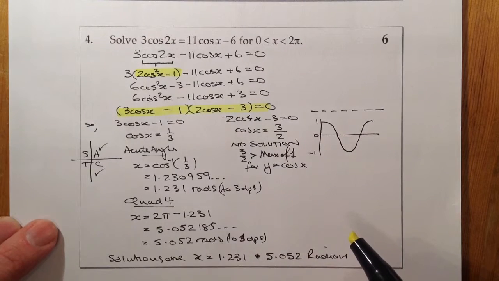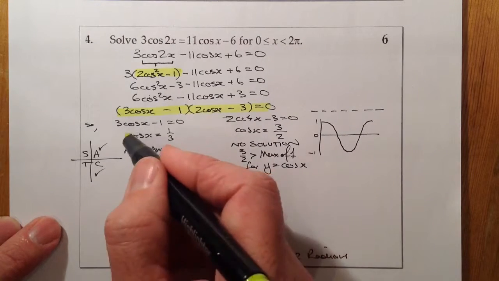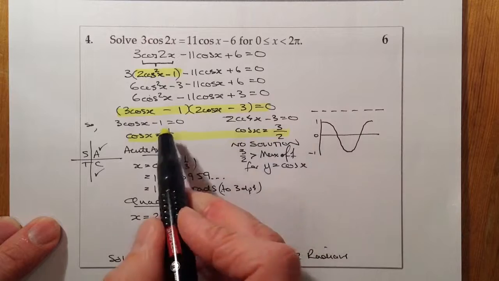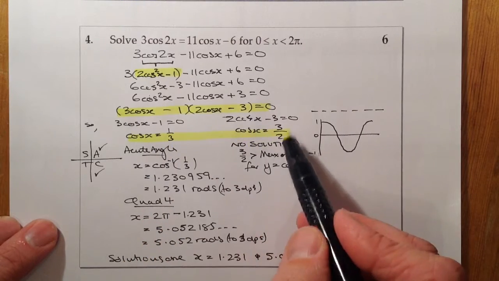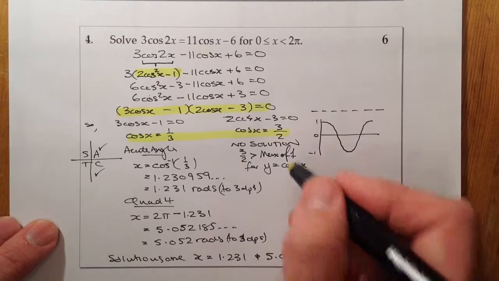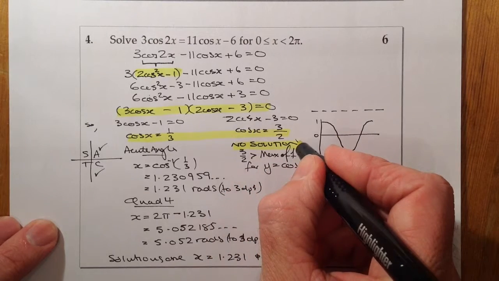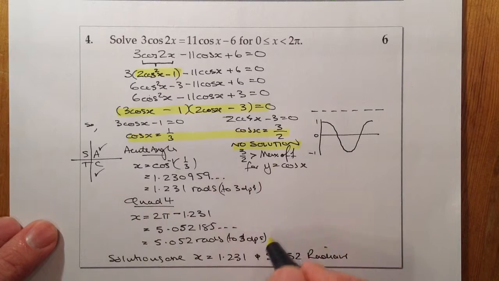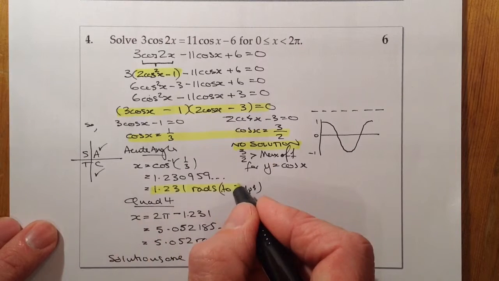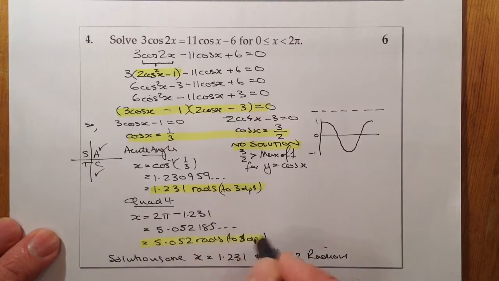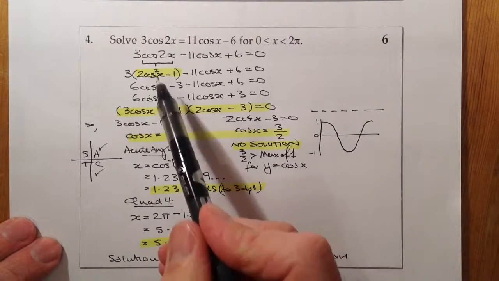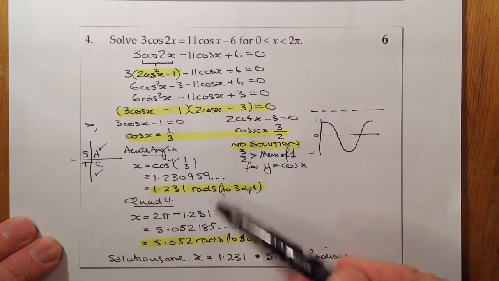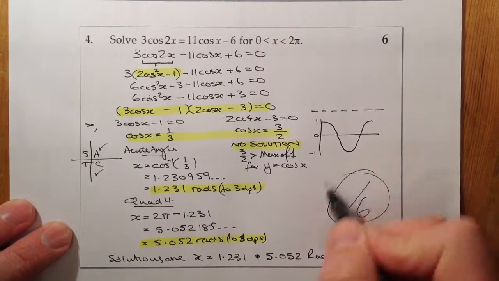I'll go for 1 further mark for getting this line here, so both cosine x is a third and cosine x is 3/2. 1 mark here for no solution being stated, 1 mark for getting that solution and 1 mark for getting that one. So that should be 6 marks in total. So I've got 1, 2, 3, 4, 5, 6 out of 6 marks.